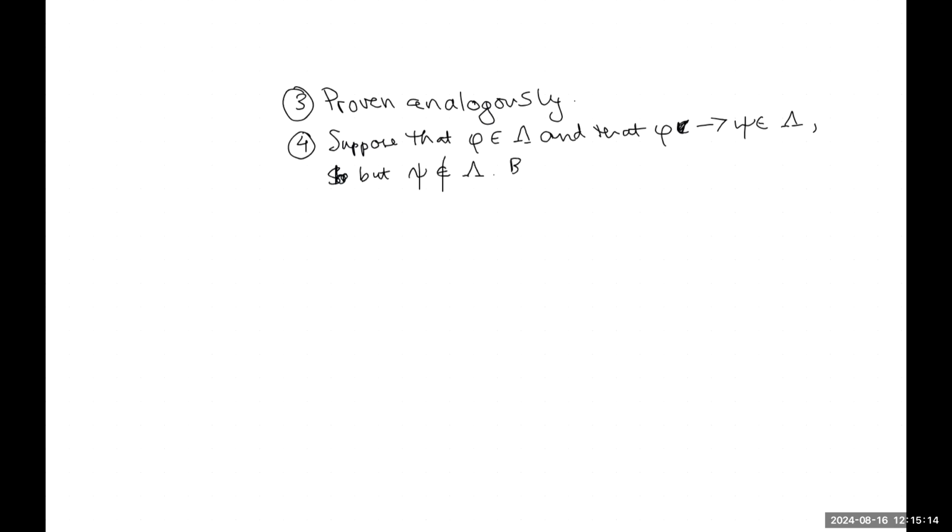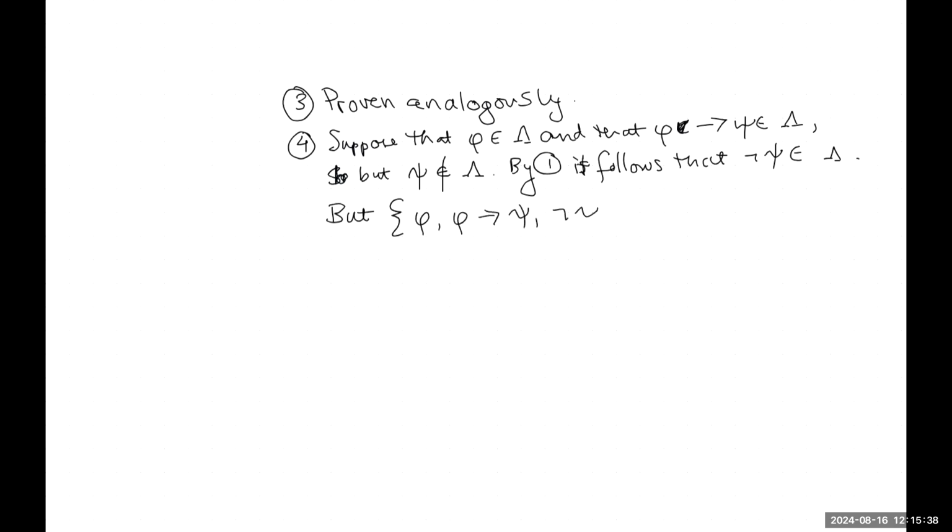Again, by the first thing that we've shown, it follows that not psi is in lambda. But, and you should already be able to see where this is going, we then have phi, phi implies psi, not psi, is a finite subset of lambda and is inconsistent.